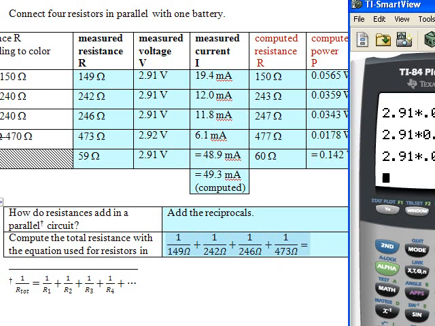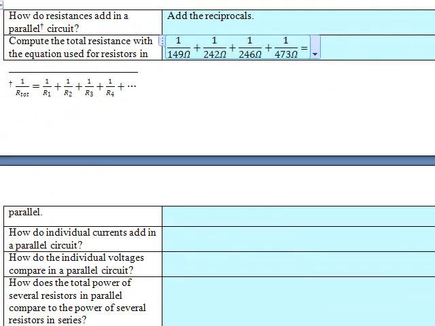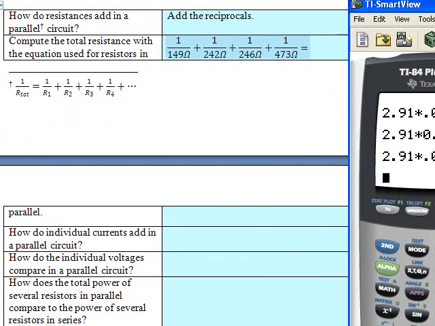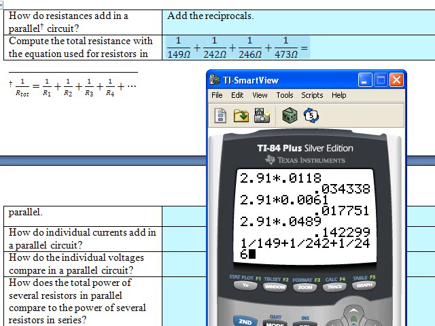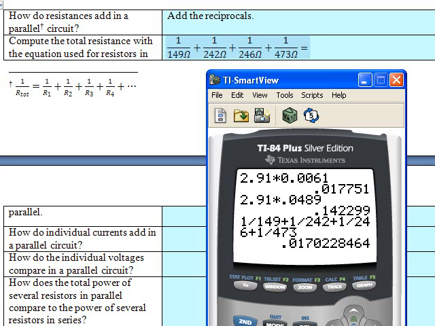I'm going to move this a little bit up here, so I have both the numbers as well as being able to use the calculator. So 1 divided by 149 plus 1 divided by 242 plus 1 divided by 246 plus 1 divided by 473. Enter. 0.0170 is the result.